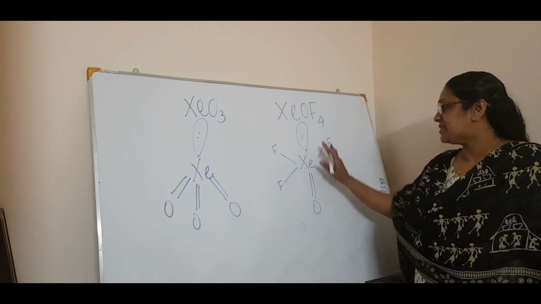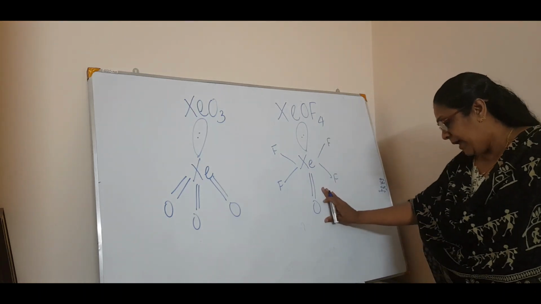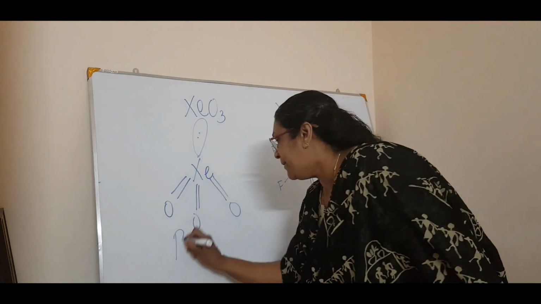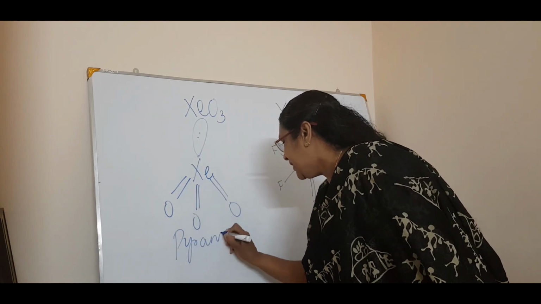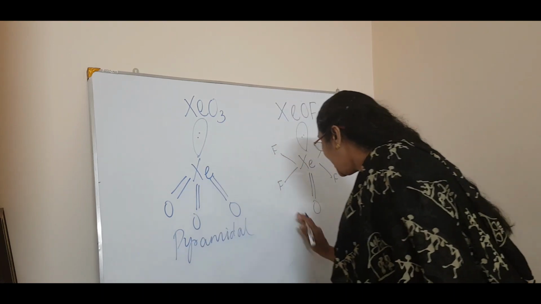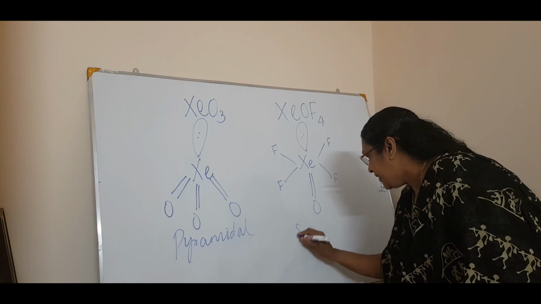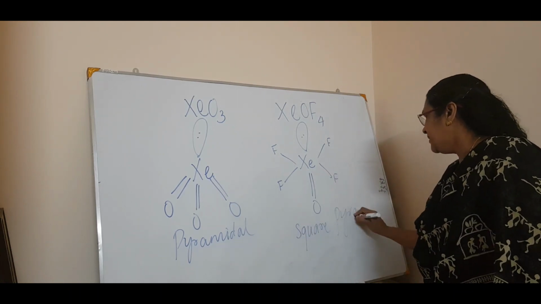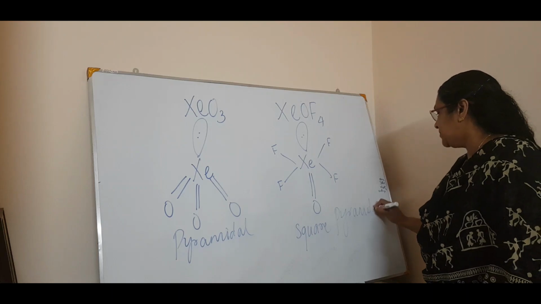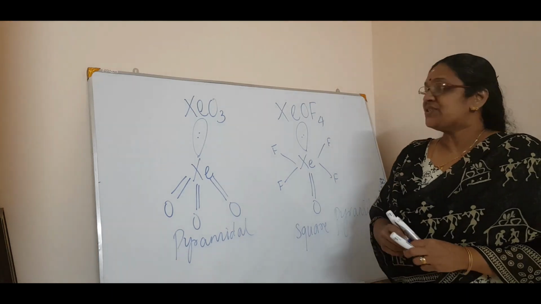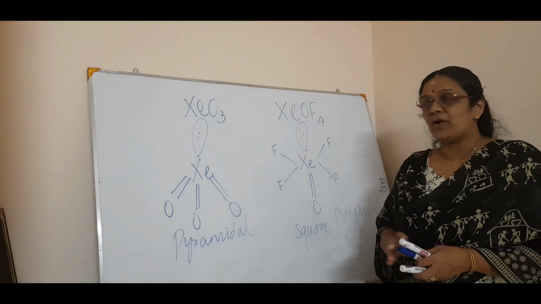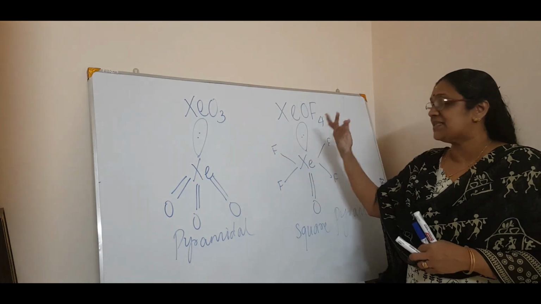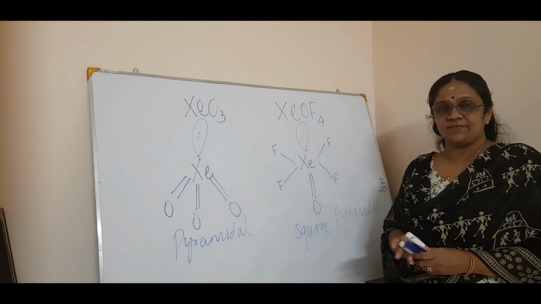Okay. So this is the structure of XeOF4, and XeO3 is pyramidal. XeO3 is pyramidal and XeOF4 is square pyramidal. So these are the structures of the xenon oxides as well as the xenon fluorides. Okay.